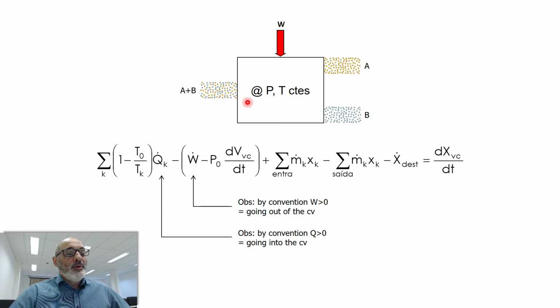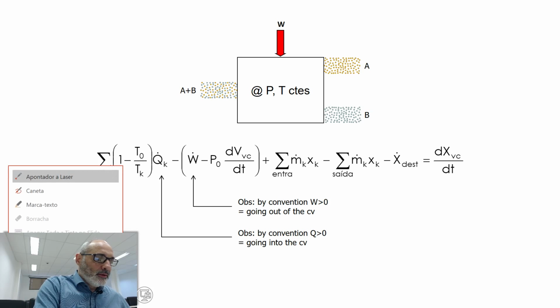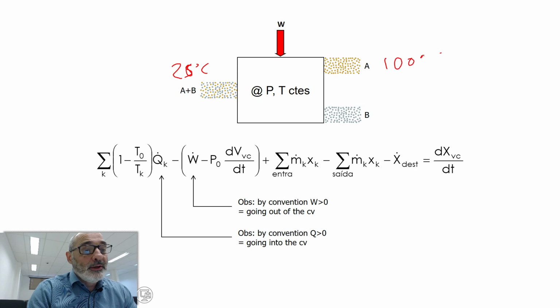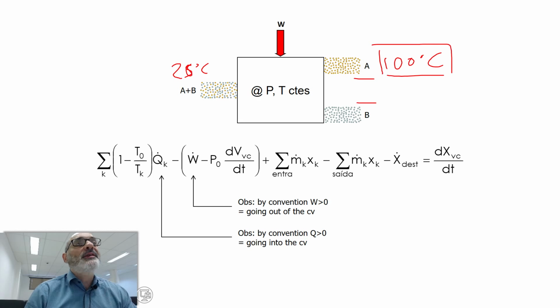Why is that? Because if the temperature, in addition to separating, is higher here, let's say I have A and B at 25 degrees Celsius, and if I have A at 100 degrees Celsius here, not only did the energy level increase because of the separation, but also because the temperature is higher.